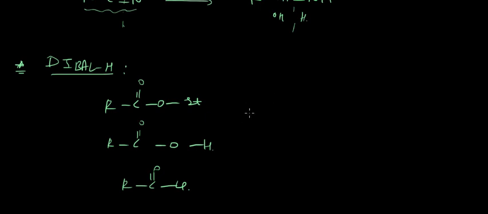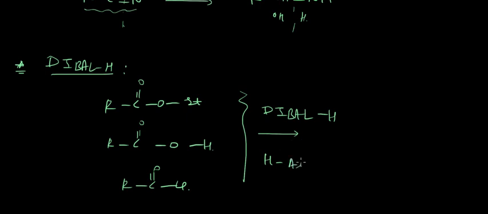What will happen in all the cases is when we are reacting all this with DIBAL-H, which is nothing but this reagent, or rather you can have directly a methyl group attached to Al.